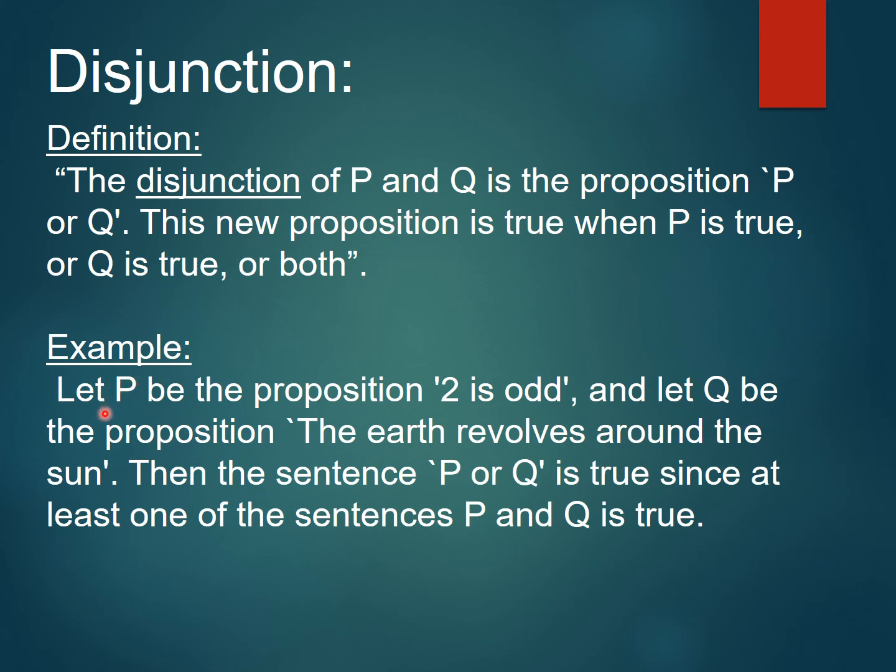For example, let P be the proposition 2 is odd, and let Q be the proposition the earth revolves around the sun. Then the sentence P or Q is true, since at least one of the sentences P and Q is true. P was 2 is odd, whose answer is false. But Q, the earth revolves around the sun, is true. So P or Q, the disjunction of both P and Q, is true.